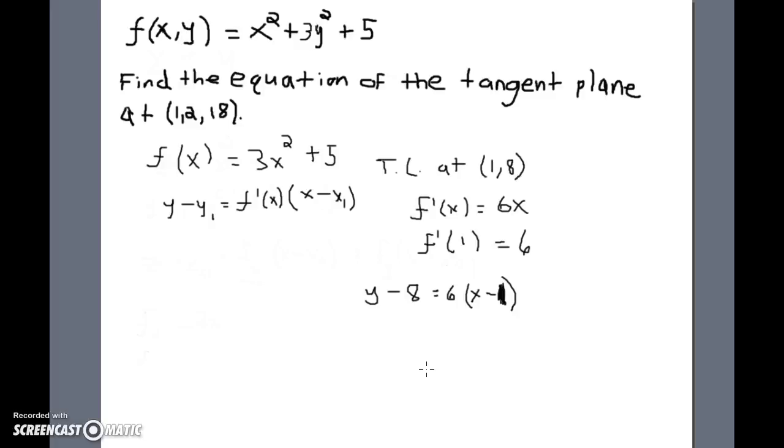Now, this problem that we're doing right here, this is a function of two variables, so now we are in 3D. So rather than having tangent lines, we now have tangent planes. And so the equation for the tangent plane, the general form, is a little similar to this, but a little different. Let me erase this problem first, and then I will write out the general equation for a tangent plane.